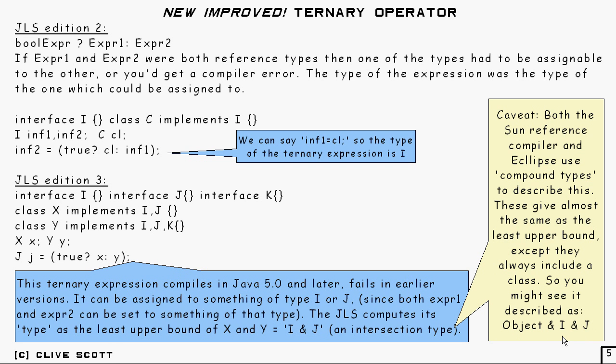So you can set it. Something of type Object can be set to it, because of course Object is like a supertype of I, and of course J as well. So this is completely redundant, but it's an intersection type, and it's the same type as that, so it doesn't really matter.